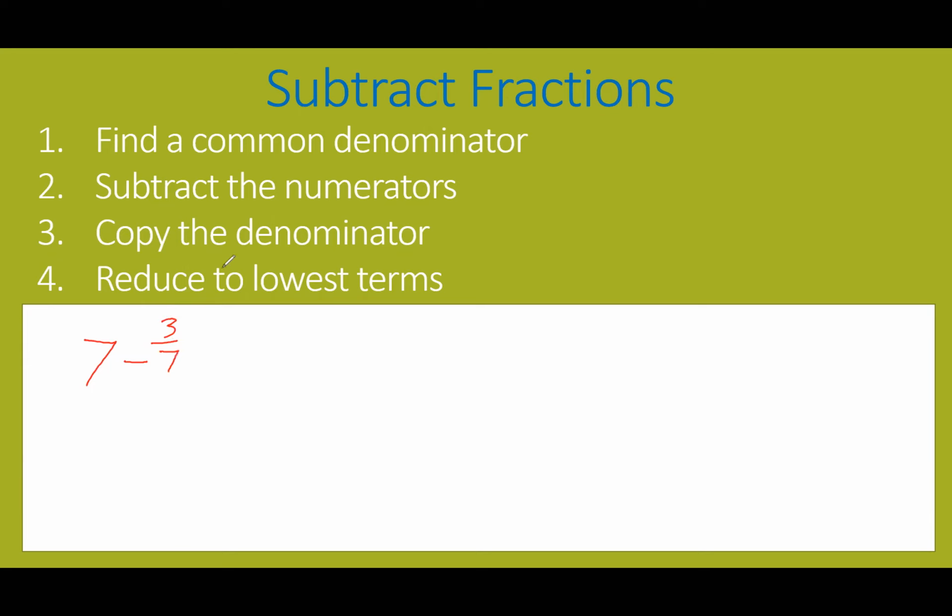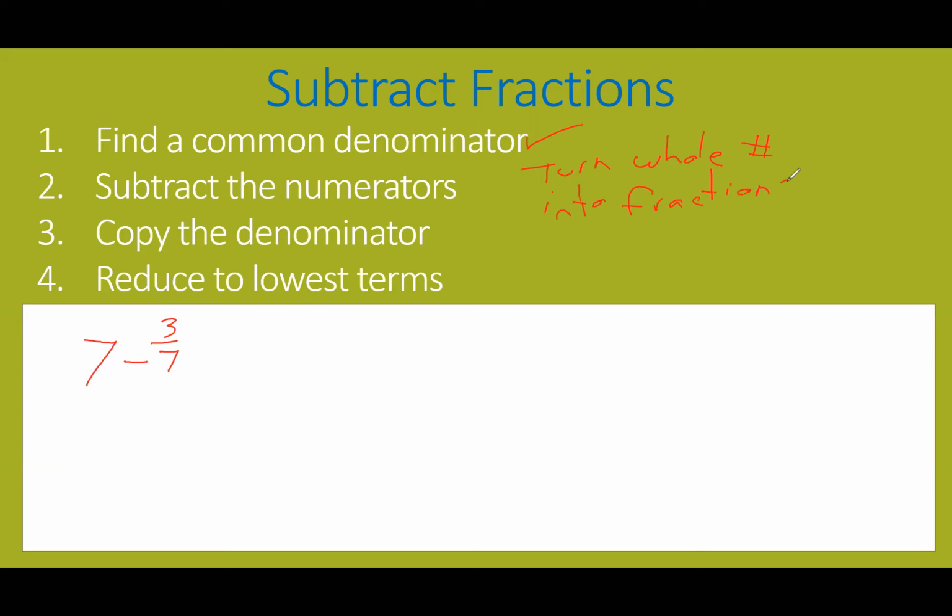Okay, let's look at step 1. Find a common denominator. All right, what's a common denominator between 7 and... I don't have a denominator. What step do I need to remember to do? I need to remember to turn whole numbers into fractions.